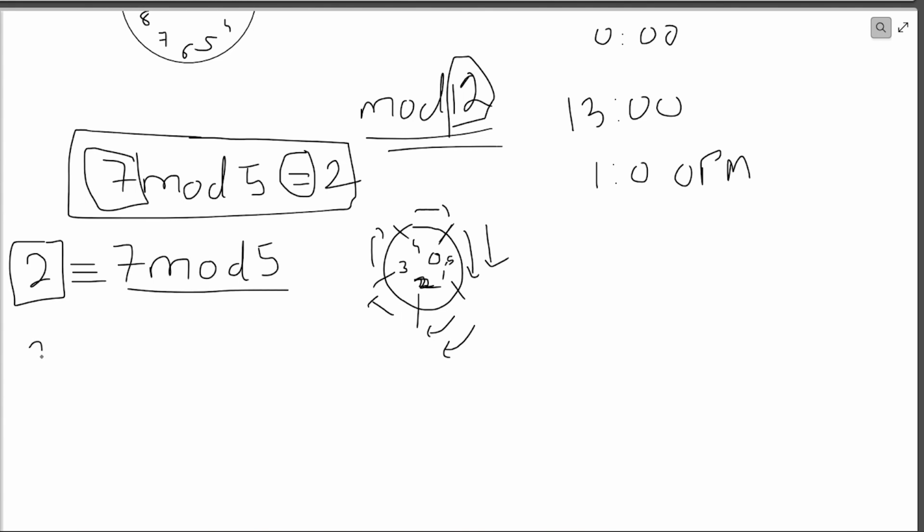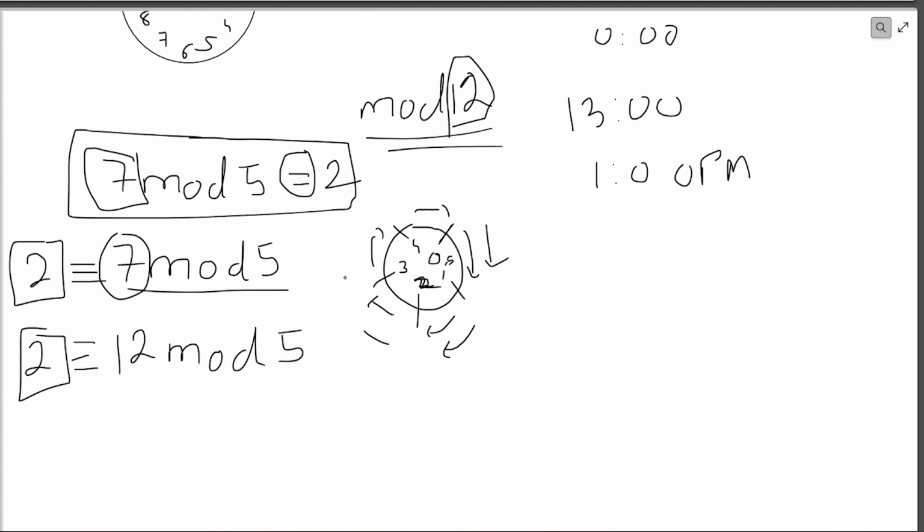You can have 2 also congruent to, instead of 7, let us say we have over here 12 mod 5. So 12 mod 5 is also 2, because if you moved 12 steps, so 8, 9, 10, 11, 12, again you're at the position 2.